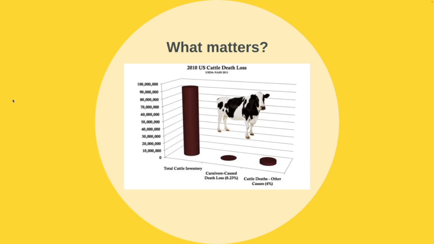But the U.S. cattle death loss data from 2010 suggests that carnivore caused deaths were just around 0.23% of the total cattle present in the U.S. The other causes make up the majority of all deaths of cattle. So you'd see that 4% of the cattle deaths are from other causes as compared to 0.23% for carnivore caused death loss.